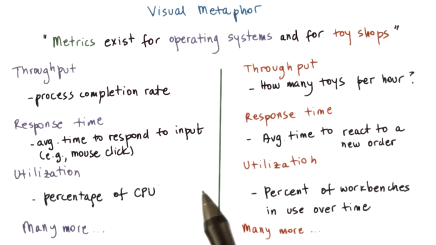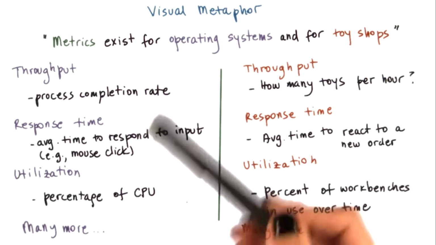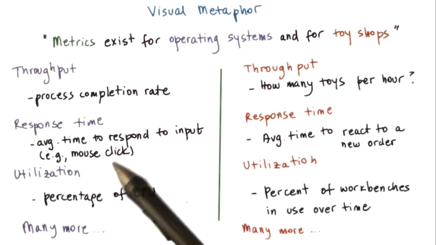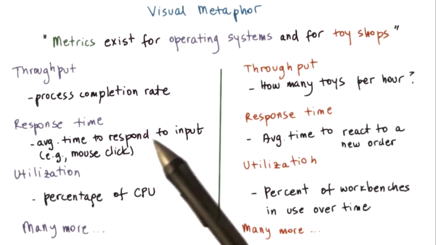Does the operating system design lead to a solution that utilizes the CPU, device's memory well, or does it leave a lot of unused resources? So metrics exist in any type of system, and it's important to have them well defined when you're trying to analyze how a system behaves and how it compares to other solutions.